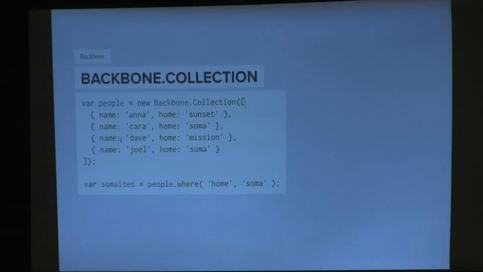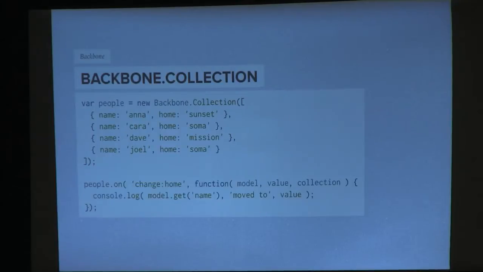So the other cool thing is that collections have events too. And collections receive every event that happens on one of their models. So anytime someone moves in my collection, I can say people on, whenever someone moves, whenever home changes, log name moved to value, which is passed in automatically.